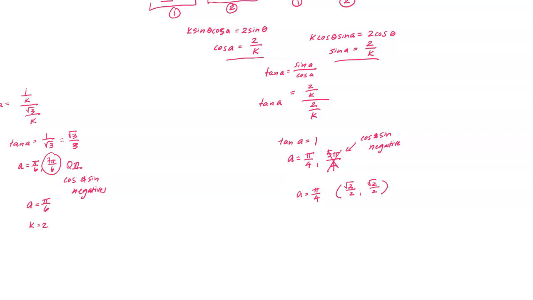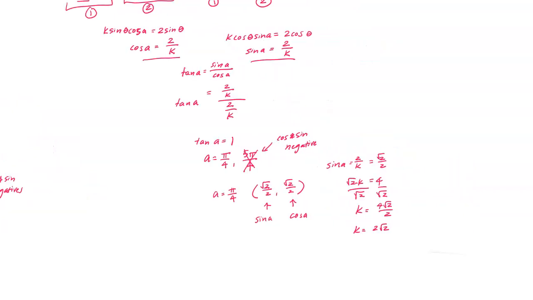So I know that this one is going to equal sine of A, and that's going to be cosine of A. So, like I said, sine of A equals 2 over k equals square root of 2 over 2. So I can solve: square root of 2 times k equals 4, so k equals 4 over the square root of 2, and k equals 2 times the square root of 2.